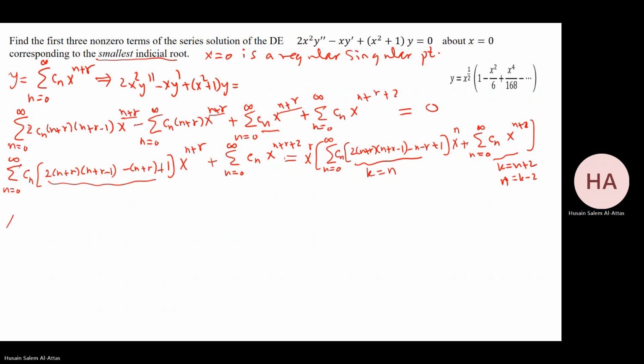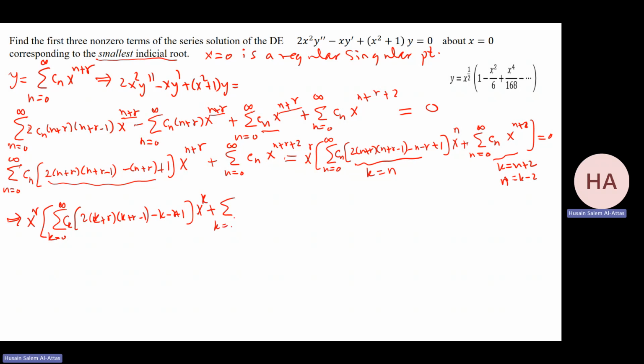I have x to the power r times summation k equals 0 to infinity Ck times 2(k plus r)(k plus r minus 1) minus k minus r plus 1, x to the power k, plus summation k starting from 2 to infinity C(k minus 2) x to the power k.